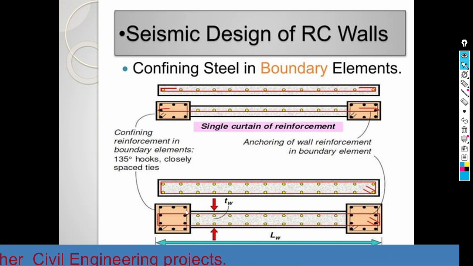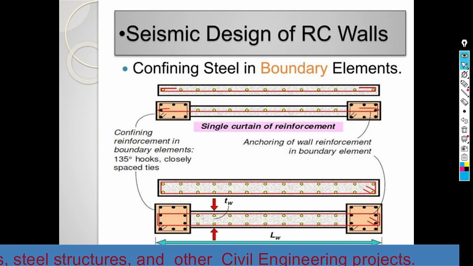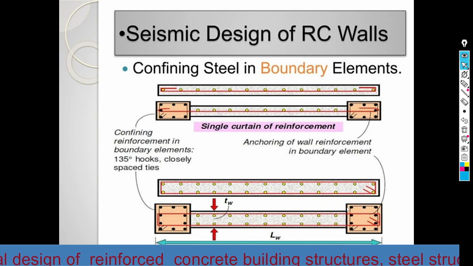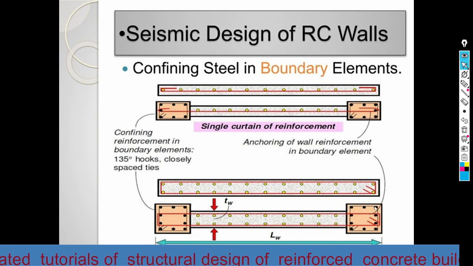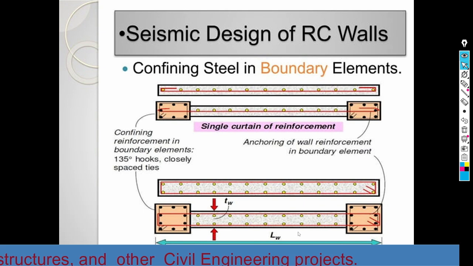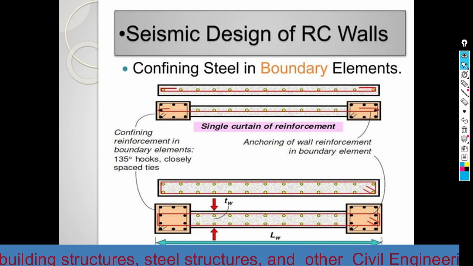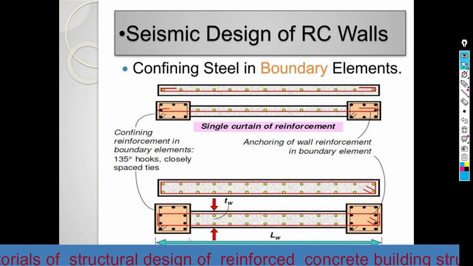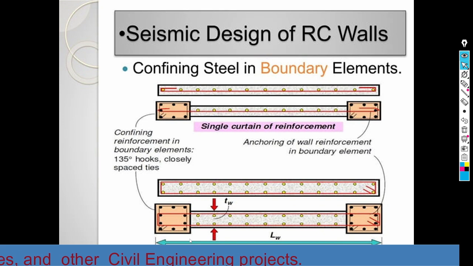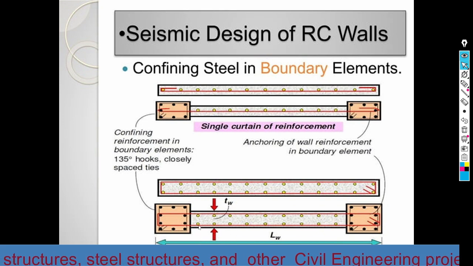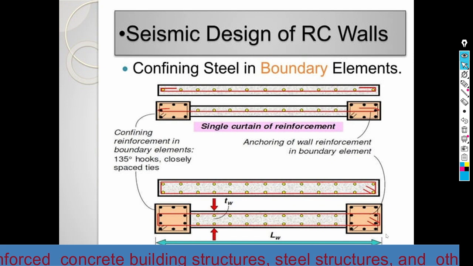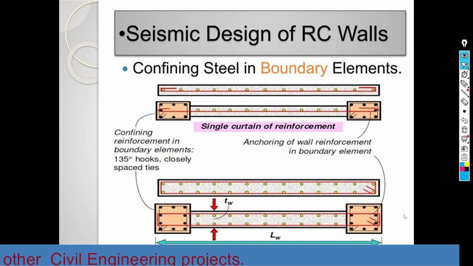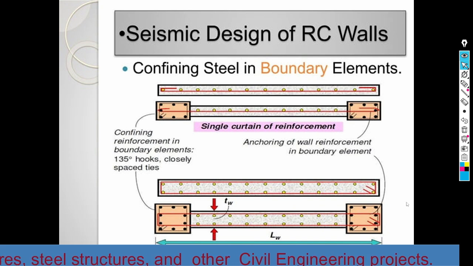And in this case, we need to provide the boundary element here, in order to accommodate the excessive stresses. This is the length of the boundary element. This length is provided in the code, and we will see it later during the design of the shear wall. Also, this width is the minimum width specified in the code, and we will see it later.